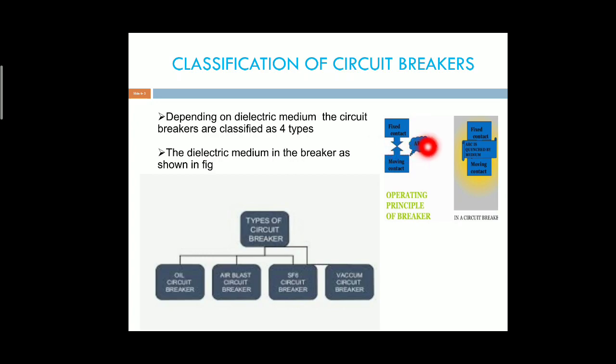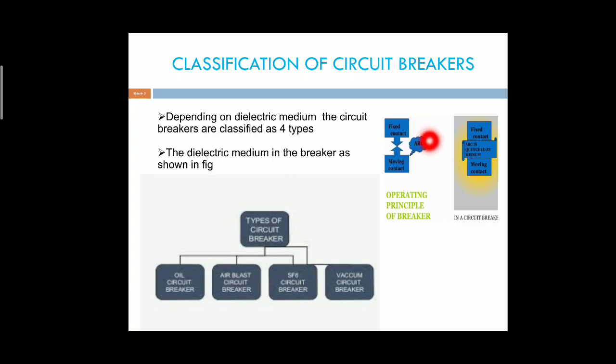In that air gap we produce the arc. Due to that arc, the contacts of the circuit breaker are damaged.